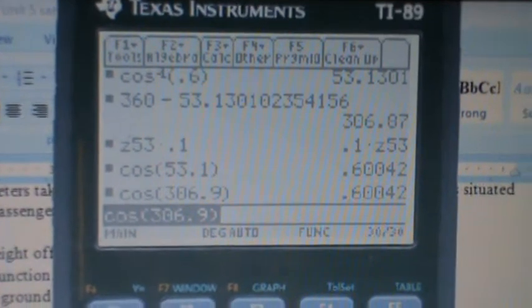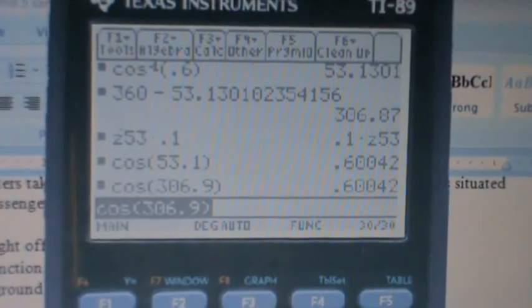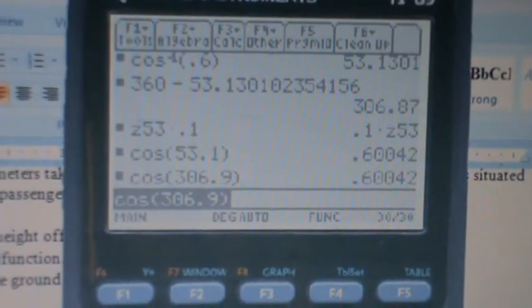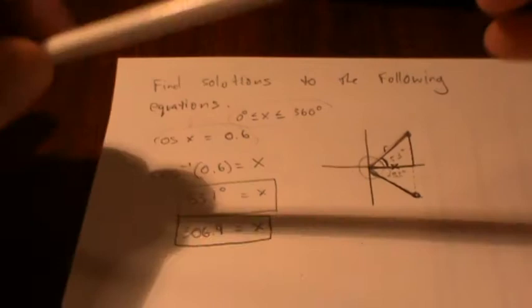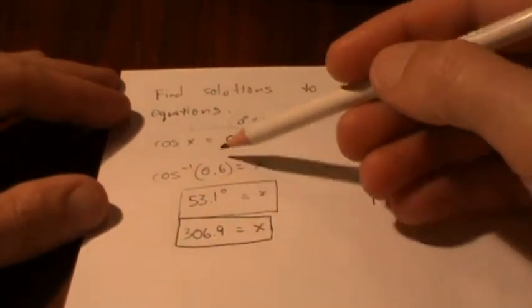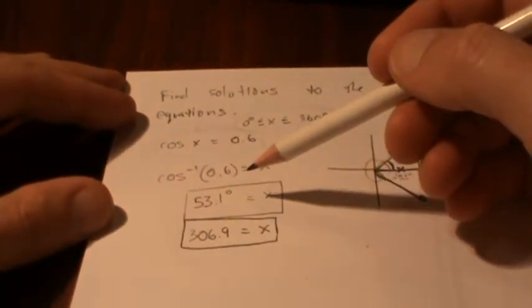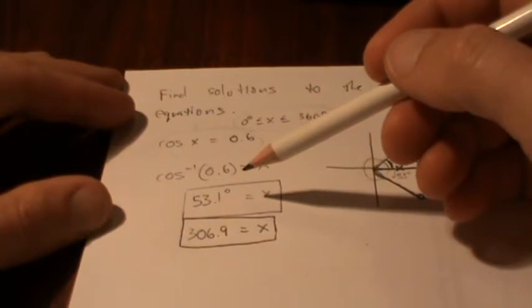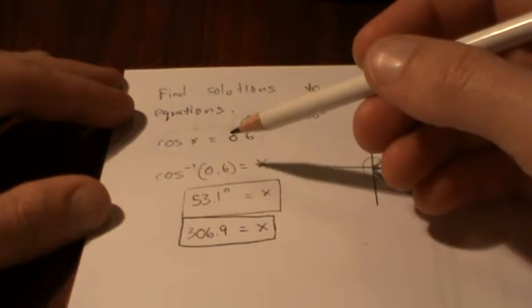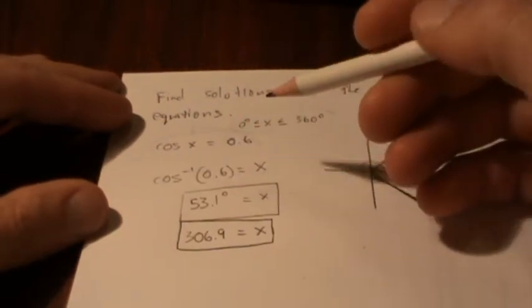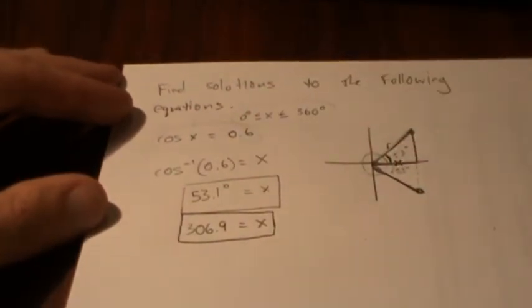So notice there are two angles within the domain that give me a solution. That's basically the main focus of today's questions: when you have one of these trigonometric equations, you're going to have two answers. Or not always, but in most cases you'll have two answers.